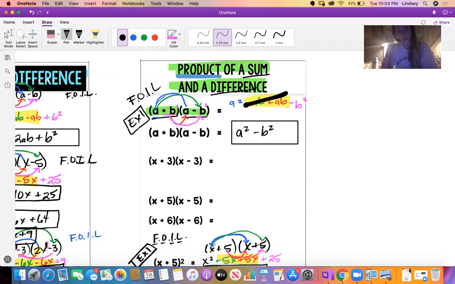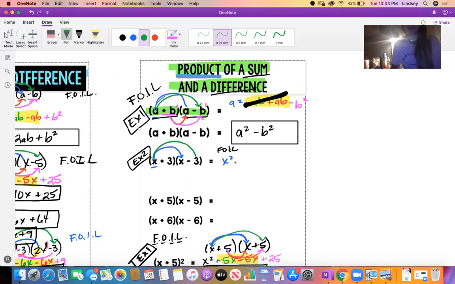Now, next I have this one. So we can see we have an addition and we have a subtraction in it. Okay, same process. I see I have a polynomial times a polynomial. So I have to do the FOIL method. All right, so I'm going to do first, x times x, that's x squared. And I have outer, x times a negative 3.